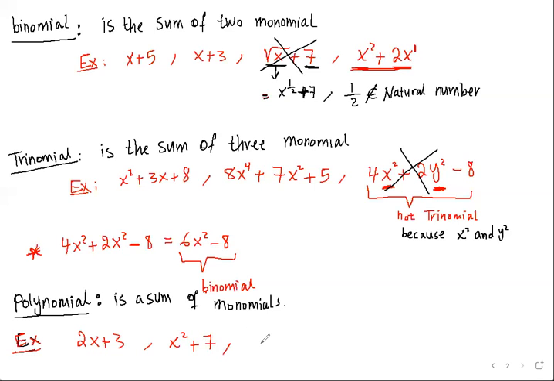Who will give me another example? This is an example of a polynomial, but also these. 8x to the power 4 plus 7x squared plus 5 is a polynomial. So it's a sum of monomials. Make sense? Any question?